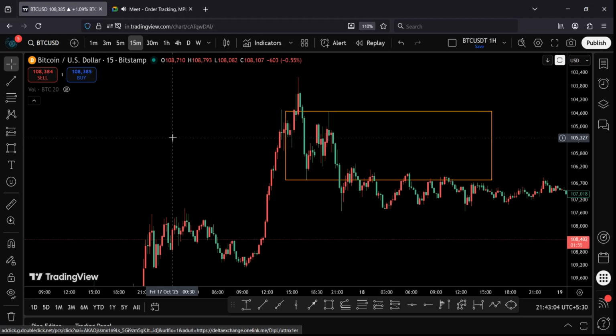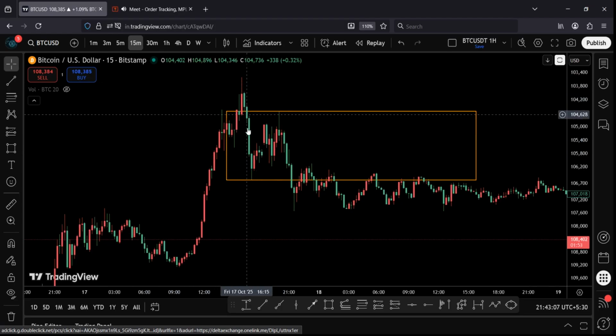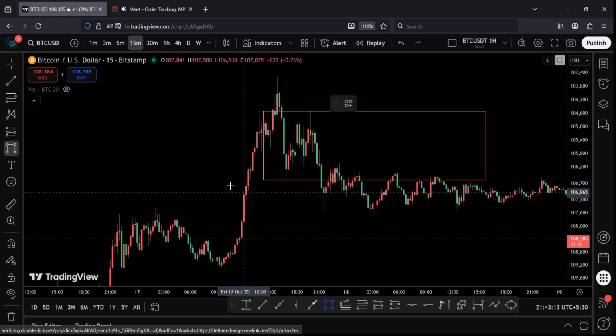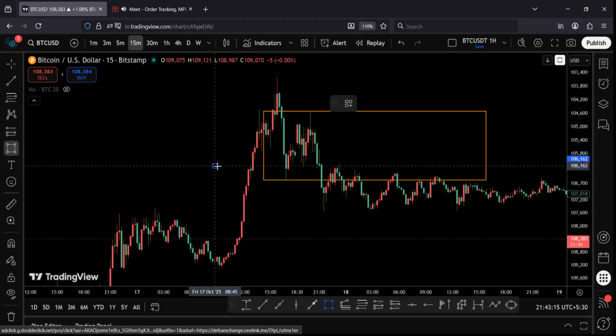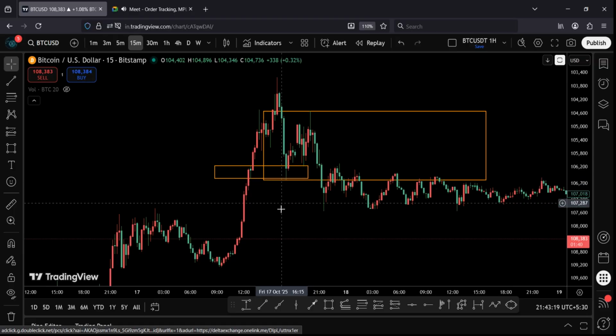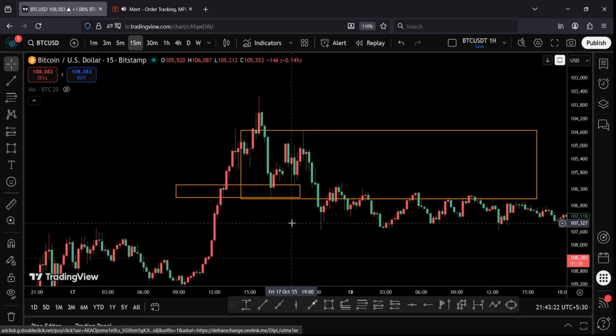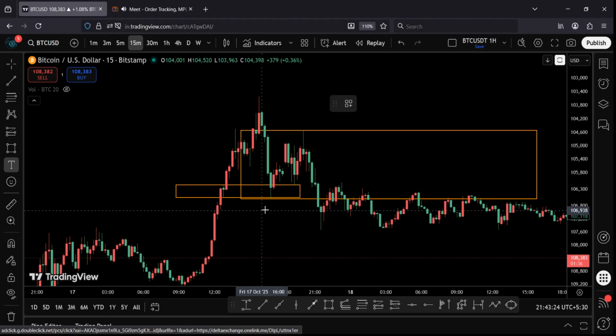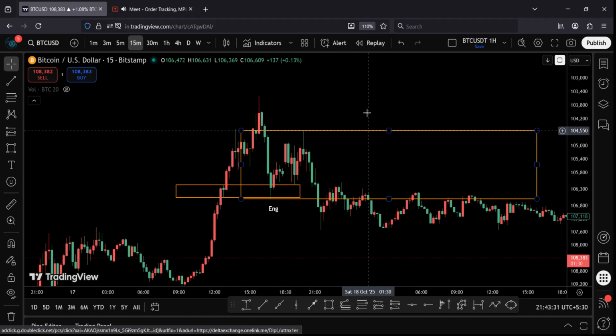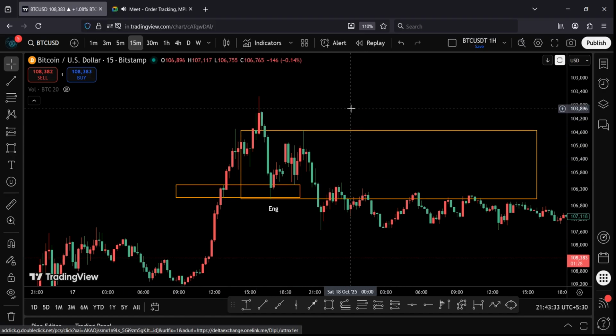Like this. So which schema is working here? Can anyone tell? What is happening here? We are engulfing this zone. Look at this area. Right? The engulf happened this side. We engulf this side. Okay. What is happening here?